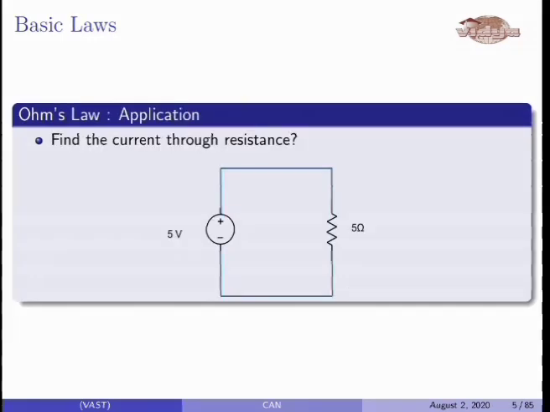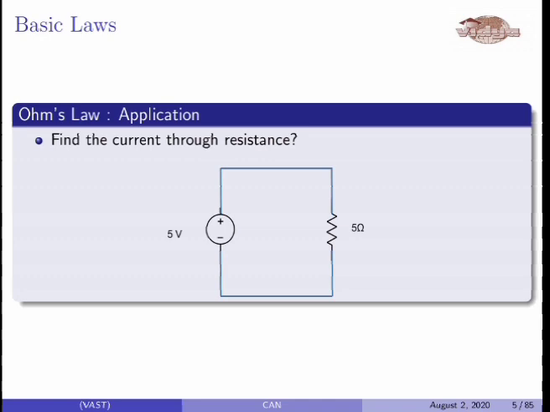Now let us try to understand Ohm's law by using some examples. The circuit is a simple circuit. Here a battery of 5 volt is connected across a 5 ohm resistance. You have to find the current through the resistance. According to Ohm's law, voltage by current, V by I, is equal to resistance.